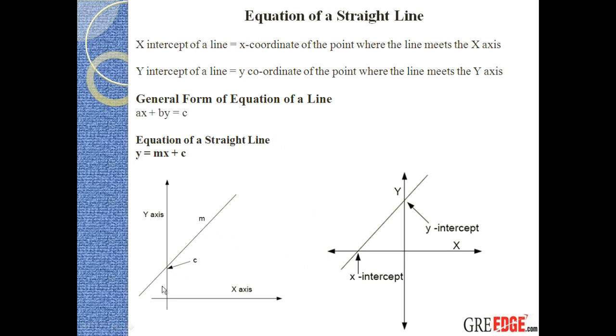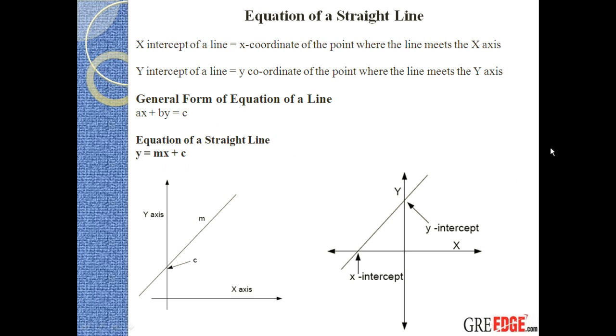So this is the general equation of a straight line: y is equal to mx plus c, and ax plus by is equal to c is another form of representing the equation of a line, like 2x plus 3y is equal to 5, 3x plus 4y is equal to -2. These are all equations of lines. Here it's like y is equal to x by 2 plus 3, y is equal to 4x plus 3. These are another way of representing a straight line.